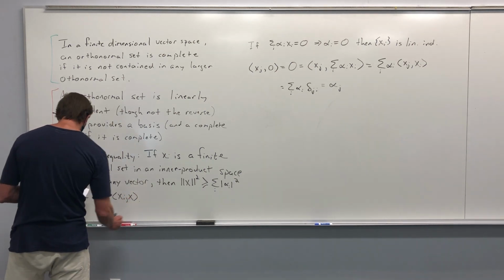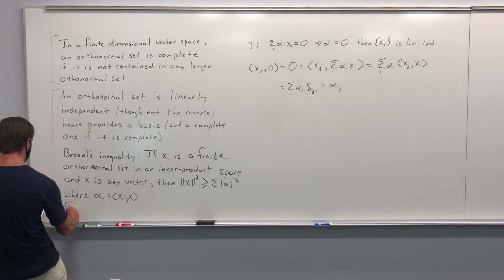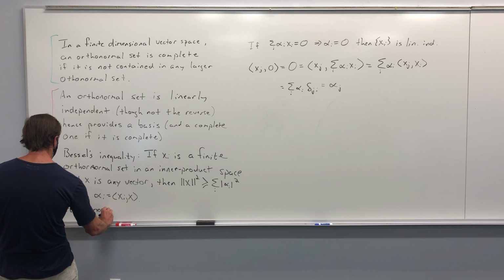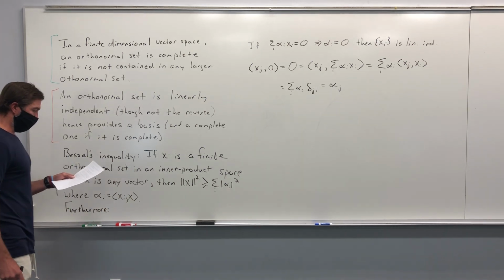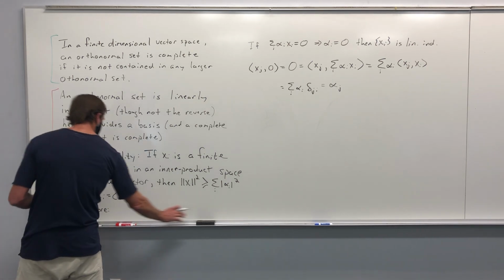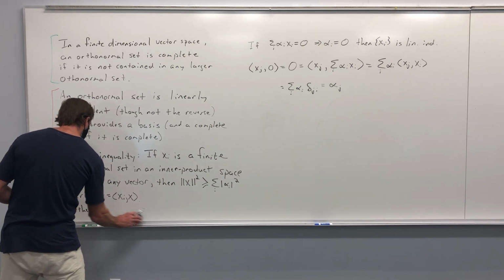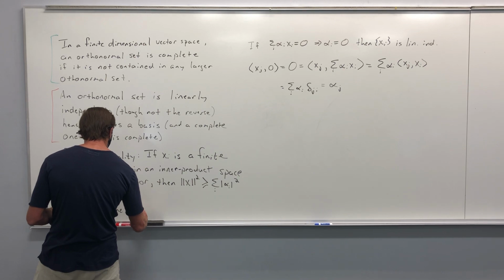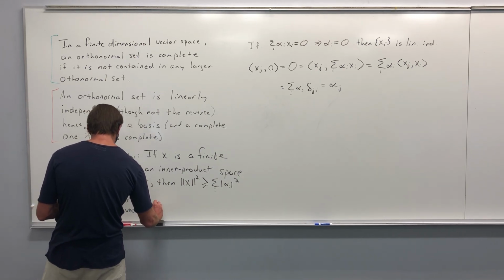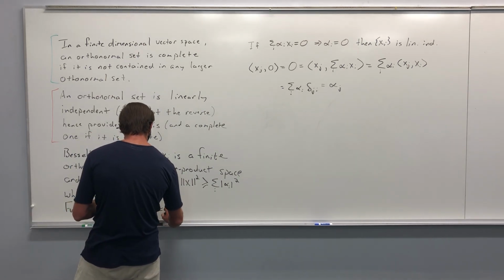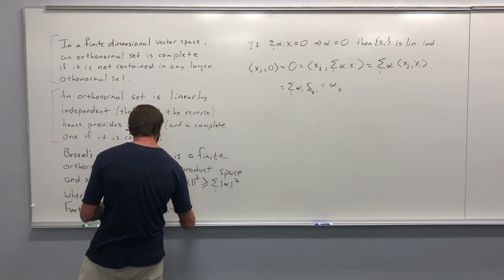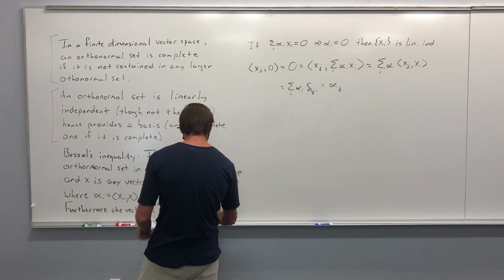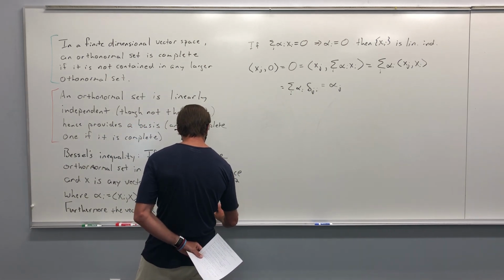And furthermore, the vector x prime, which is x minus the sum over j, alpha j, xj, is orthogonal to each xi.